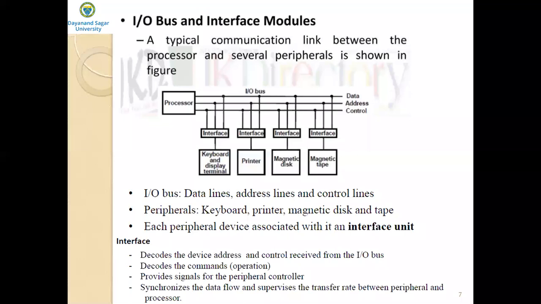I'll repeat. The CPU checks the I/O module device status. The input-output module returns the device status. If ready, then the CPU requests the data transfer, and the input-output module gets data from the device, or the input-output module transfers data to the CPU.